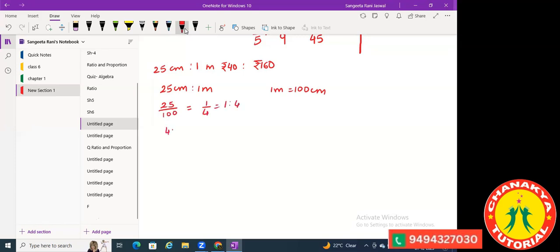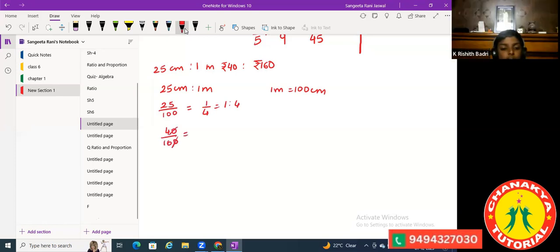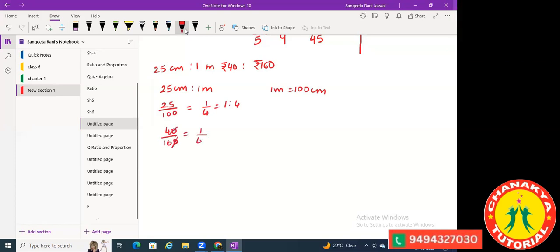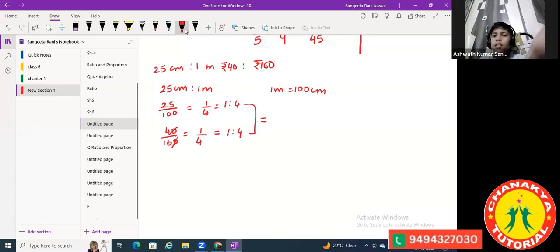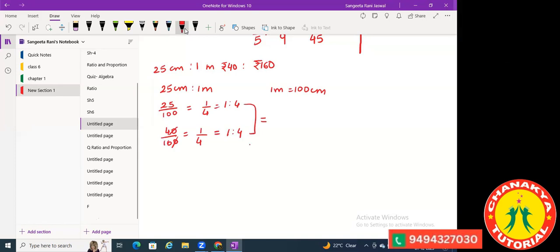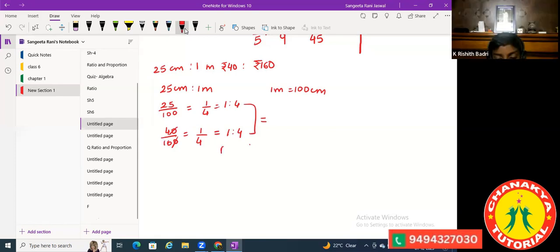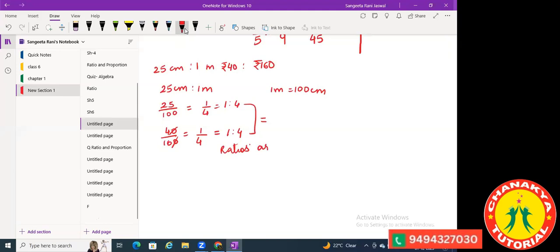Similarly, for the other ratio, 40 by 160, zeros can be cancelled, 4 ones are 4, 4 fours are 16, so 1 is to 4. So are they equal? Yes, ma'am. Because the two ratios are equal, we can say that they are in proportion. The ratios are in proportion.